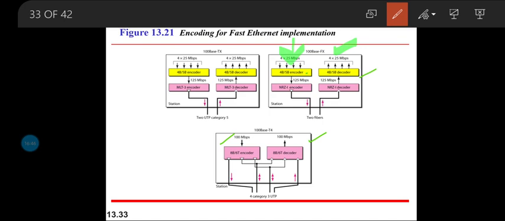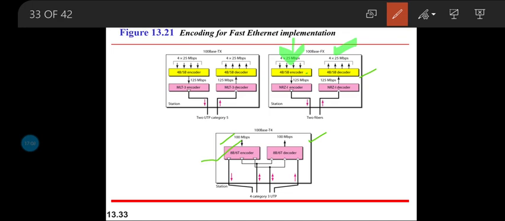So we need to make use of an encoding scheme that converts 100 megabits per second to a 75 megabaud signal. One encoding scheme which satisfies this requirement is 8B6T.